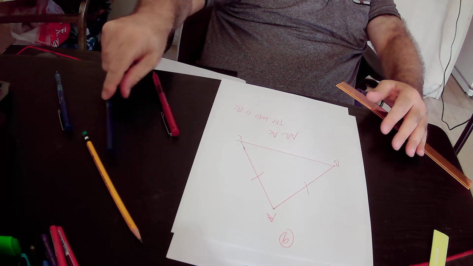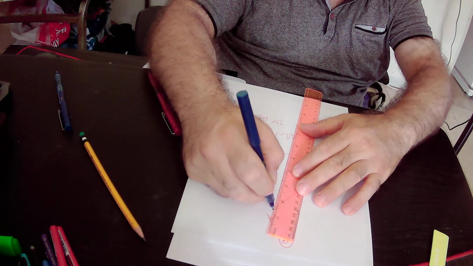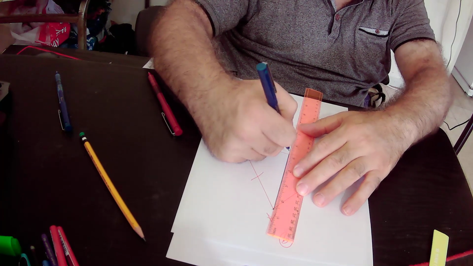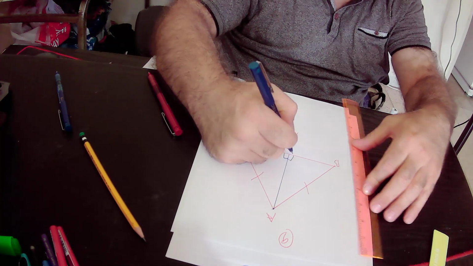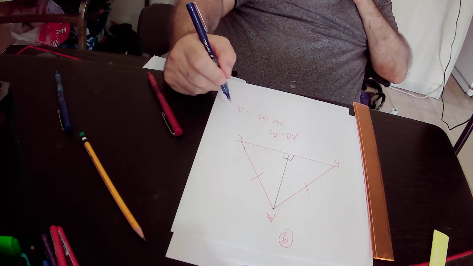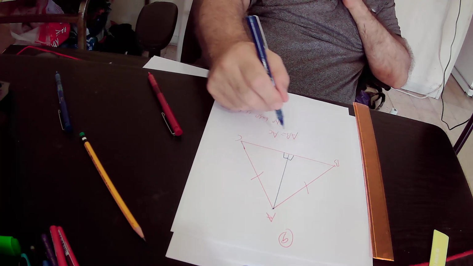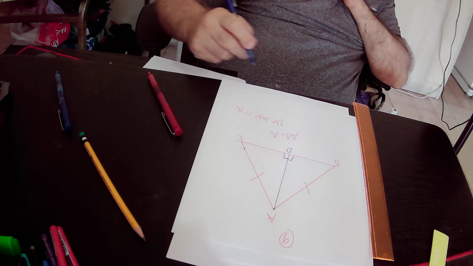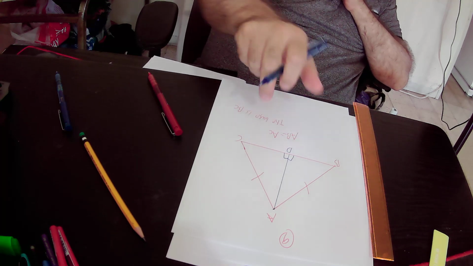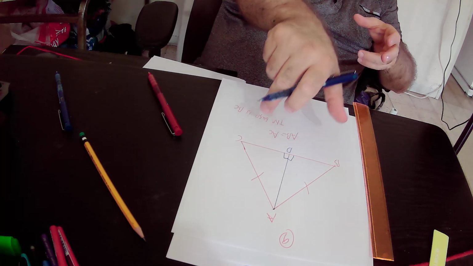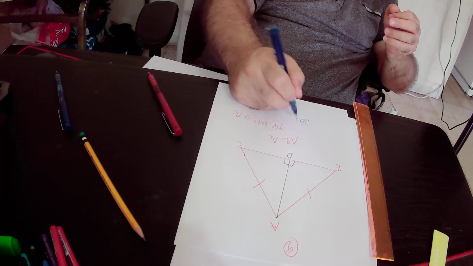So if we draw from point A a perpendicular to BC, this is a right angle and this is a right angle, and we define the touching point between the perpendicular and side BC as point D. Then, according to rule number 3, the perpendicular to the base BC divides BC into two equal parts. That is to say, BD equals DC.